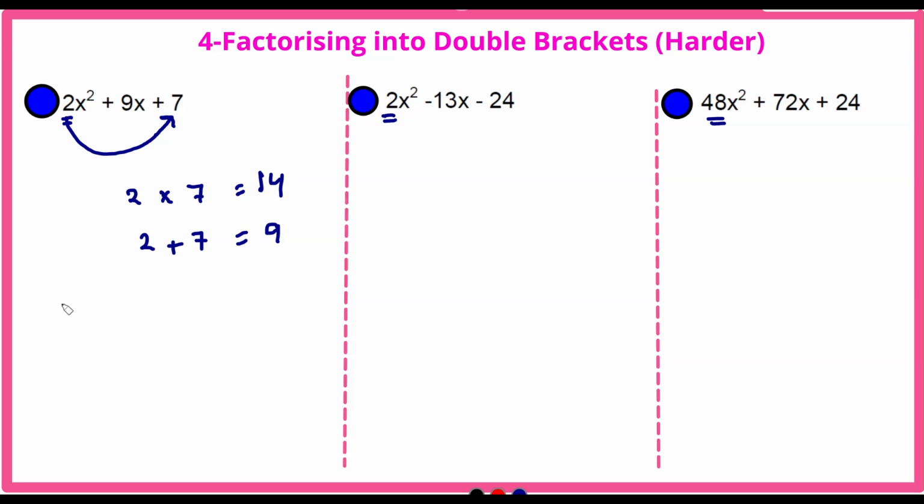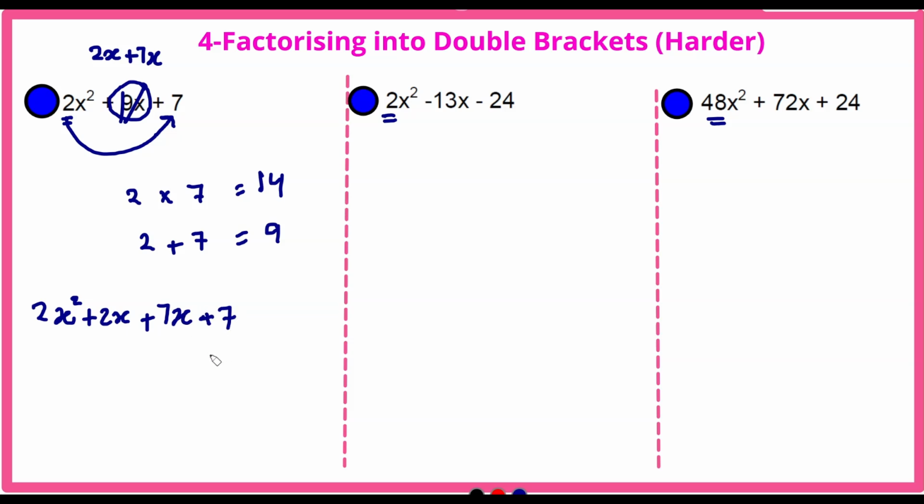I rewrite the middle bit using 2 and 7. So it's going to be 2x add 7x instead of that. So it becomes 2x squared plus 2x plus 7x plus 7.